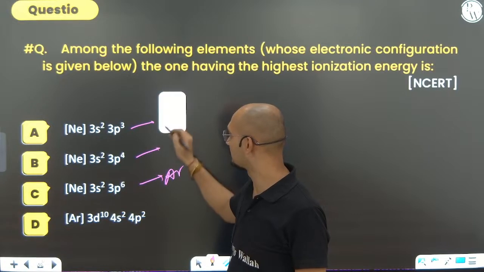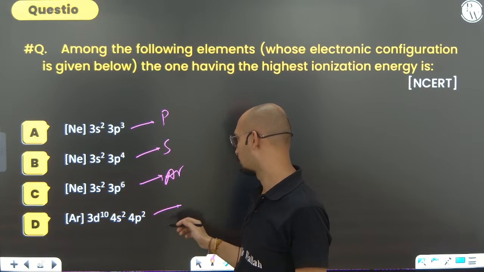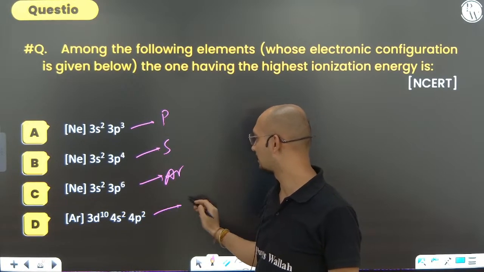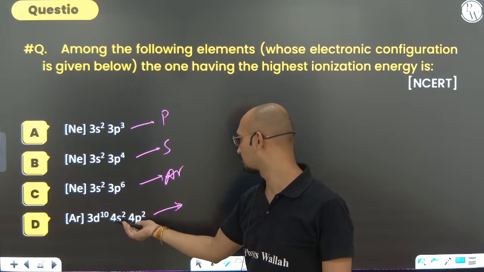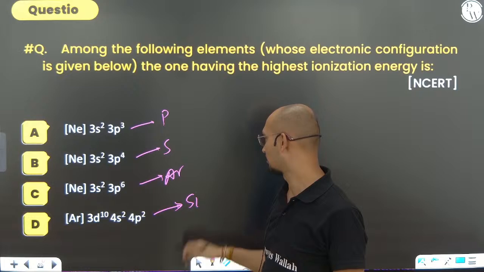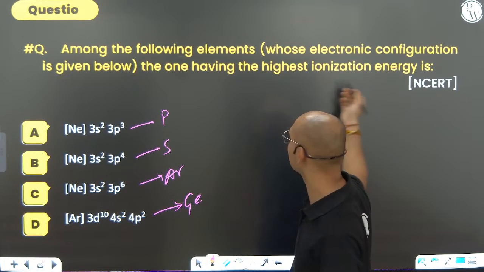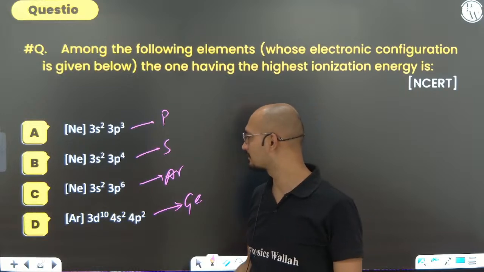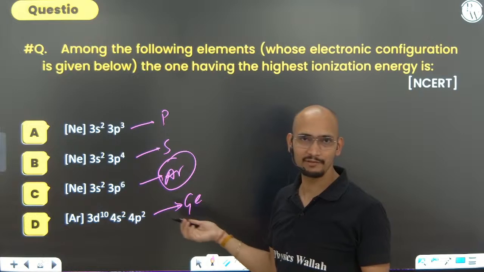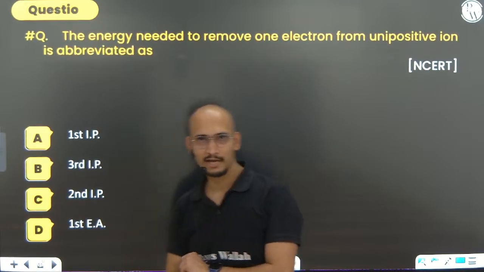Phosphorus, sulfur, and 3d10 4s2 4p2, which is from 4s2 4p2, so silicon, germanium. For highest ionization energy, what do we have to see? Here argon is going to be it anyways, because it is a noble gas, so nothing is going to be close to it. It is going to have the highest ionization energy.